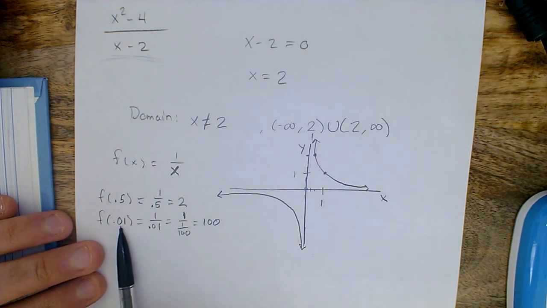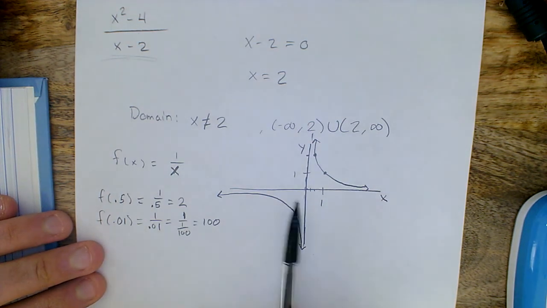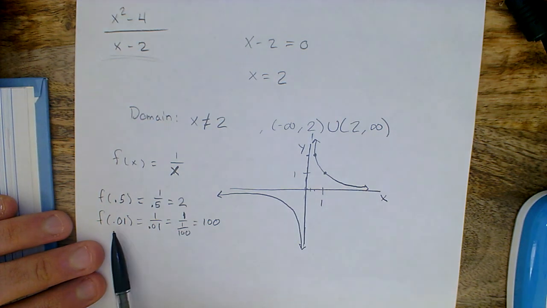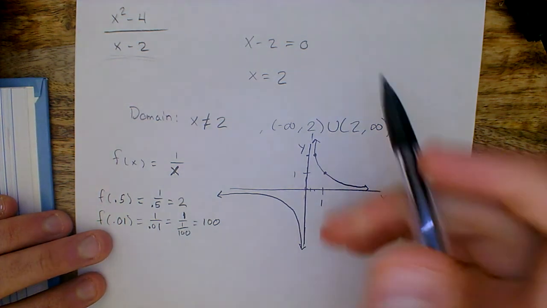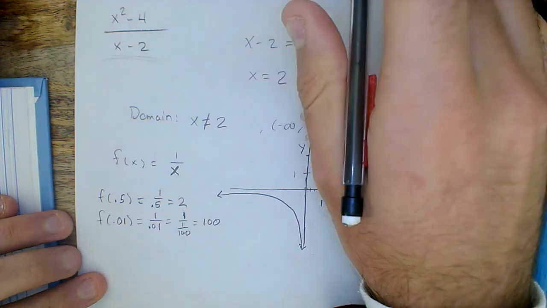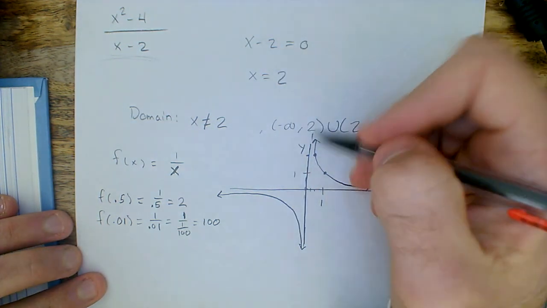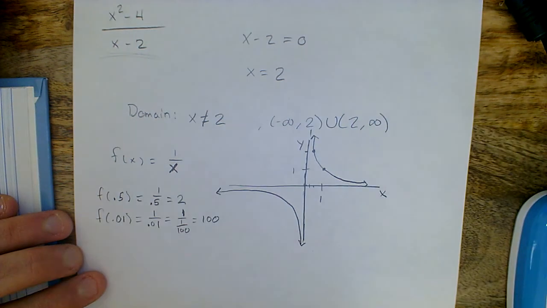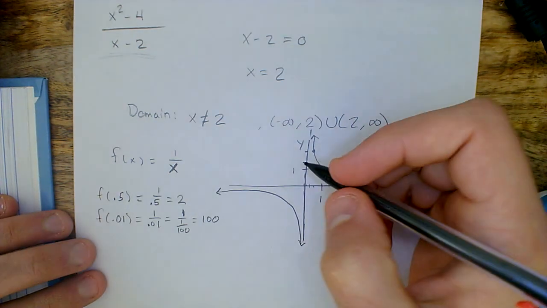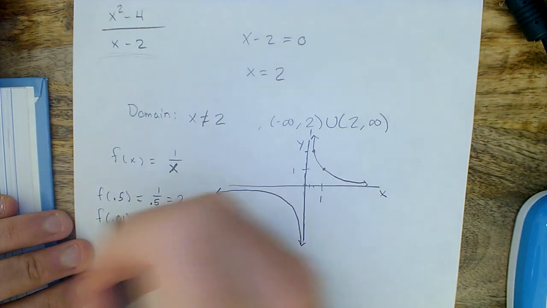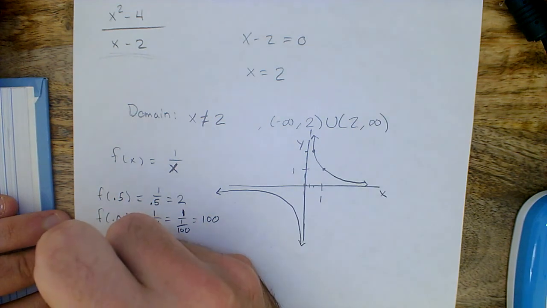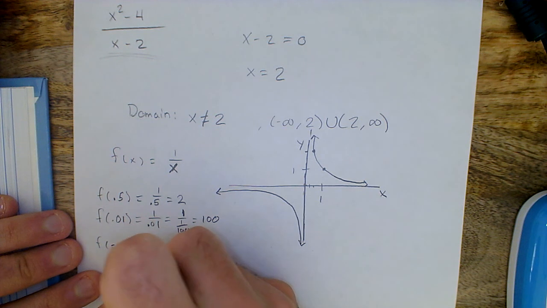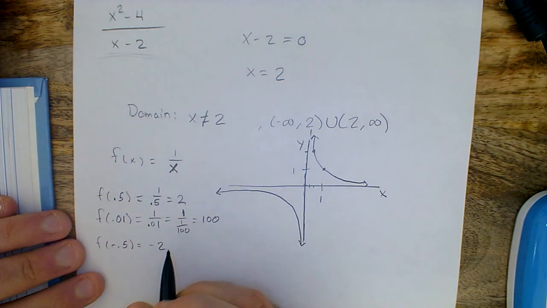So it's just saying that the closer this number gets to 0 from the positive side of x equals 0, the closer the output goes to infinity. But it never does actually reach it, you can never actually plug in 0, because then you'd be dividing by 0. Now, however, on the left-hand side, if I plug in f of negative 0.5, you get negative 2, just like up here, except with a negative.